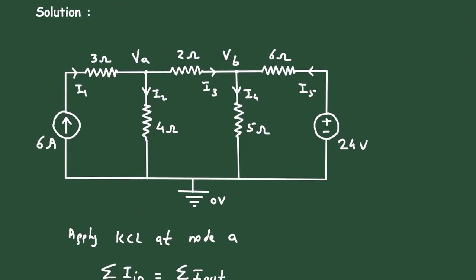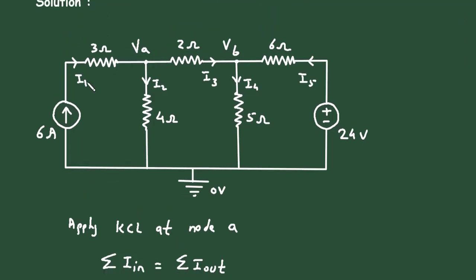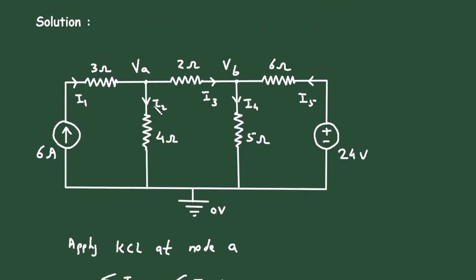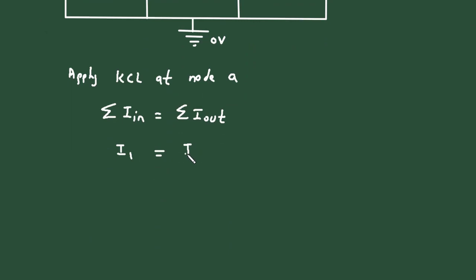At this node the entering current is I1. Here we can clearly see I1 is equal to 6 ampere. So first we will write I1 as it is, then is equal to leaving currents. The leaving currents are I2 and I3. These are the leaving currents from this node. So here we can write I2 plus I3.